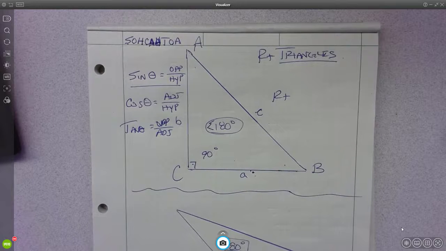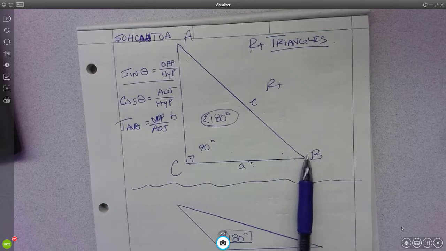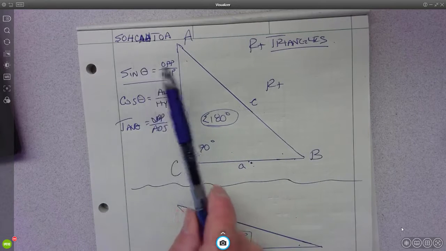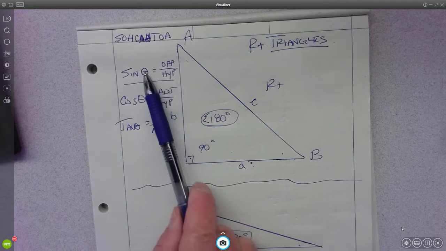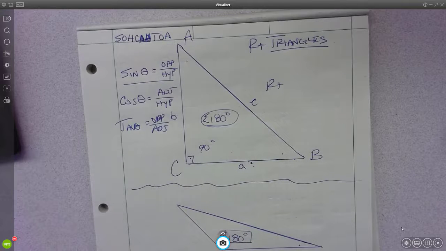They will help you solve for sides or angles, either one. You must know two of the three things. So here there's three unknowns, 1, 2, 3. You've got to know two of them to run the equation. If you don't know two of them, you can't do it. You're going to have to figure something else out.